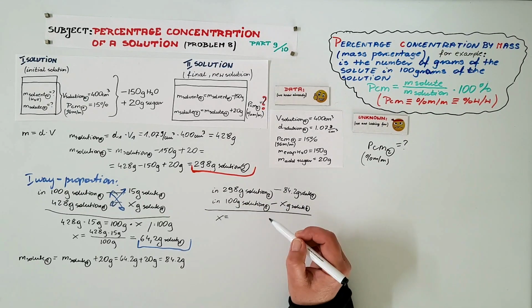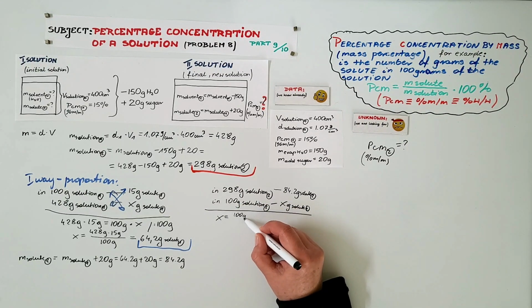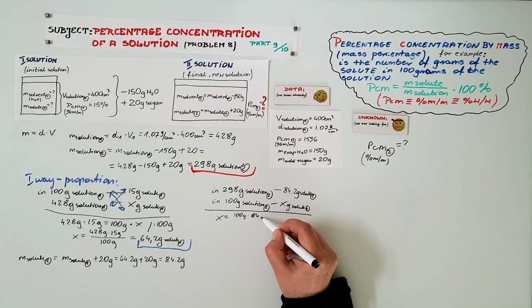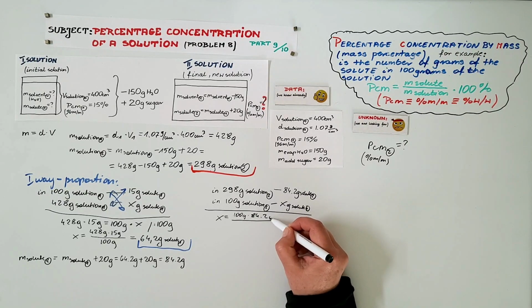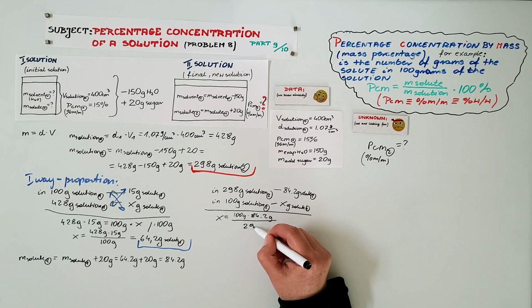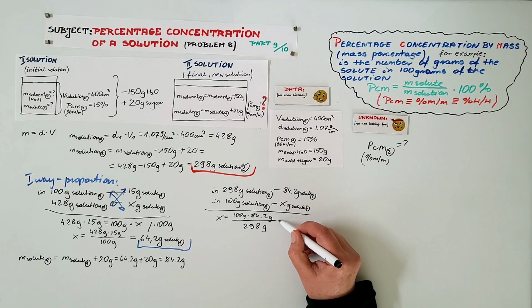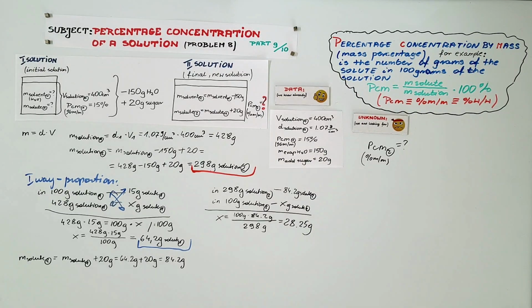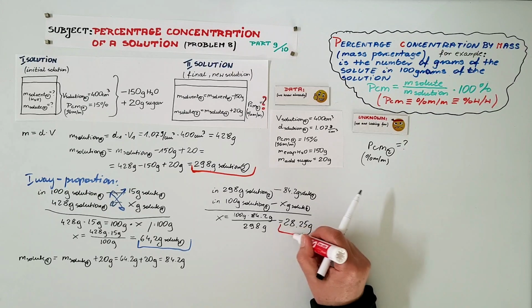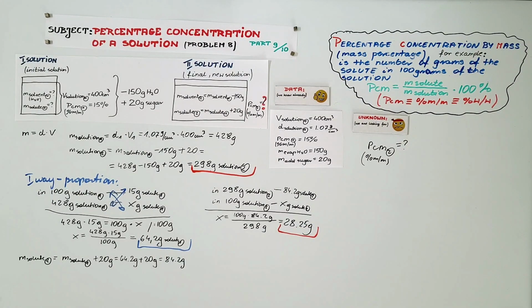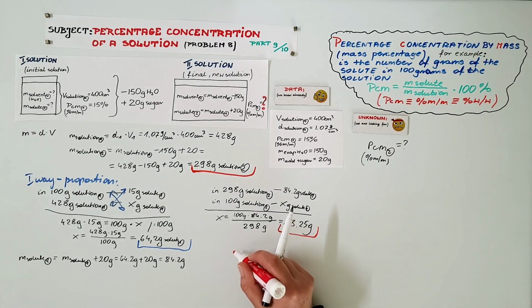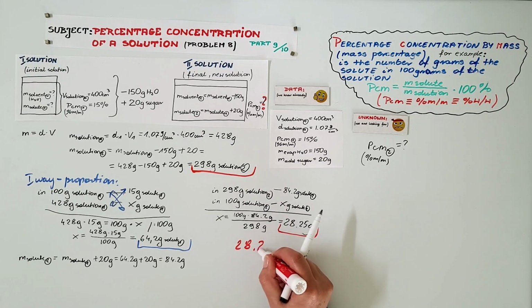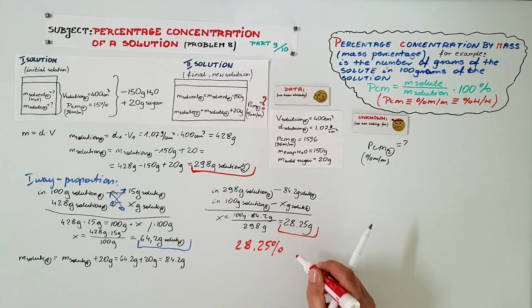X equals 100 grams times 84.2 grams over 298 grams equals 28.25 grams. So now we have answer for this problem. The percentage concentration by mass of the new or second solution equals 28.25% by mass.